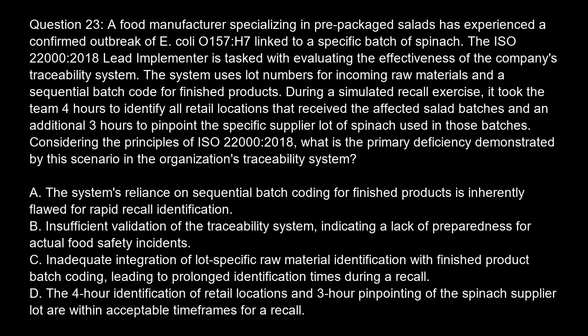Option C. Inadequate integration of lot-specific raw material identification with finished product batch coding, leading to prolonged identification times during a recall. Option D. The 4-hour identification of retail locations and 3-hour pinpointing of the spinach supplier lot are within acceptable timeframes for a recall.